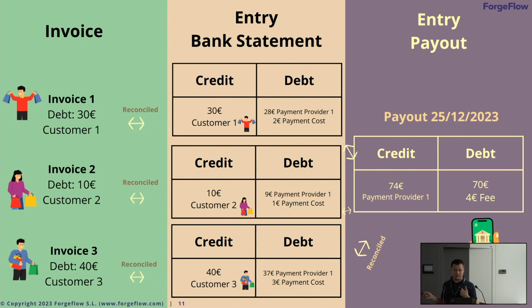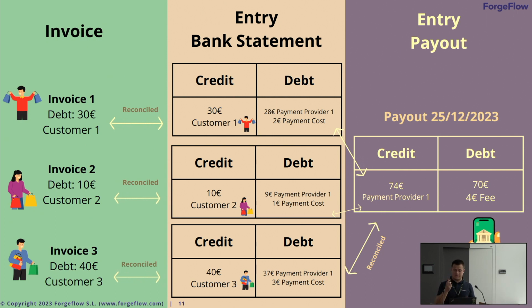After that we connect to the payment provider, and the payment provider says the customer has paid 30 euros, but I'm going to pay you 28 because the service fee is 2 euros. The same for the other customers, and you start closing these customer debts and opening the payment provider debt, which is a little bit less because there are service fees.